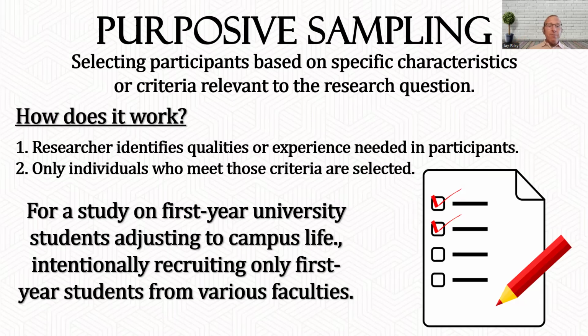If you're doing a study on first-year university students and they're adjusting to campus life, you're intentionally recruiting only first-year students from different faculties. That's purposive sampling. That's who you're selecting, right? Now, within that, we can have inclusion and exclusion criteria.